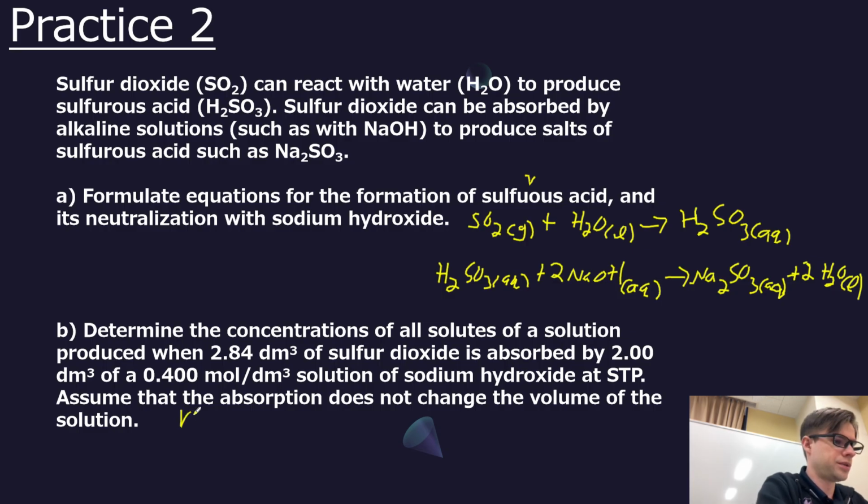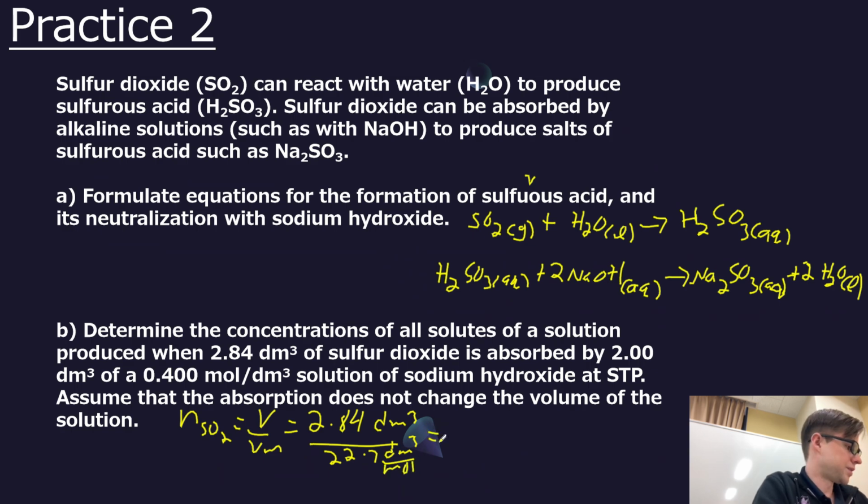So nSO2 we can find with the molar volume, V over Vm. 2.84 decimeter cubed divided by 22.7 decimeter cubed per mole. And that comes out to 0.125 moles. Very good to know.